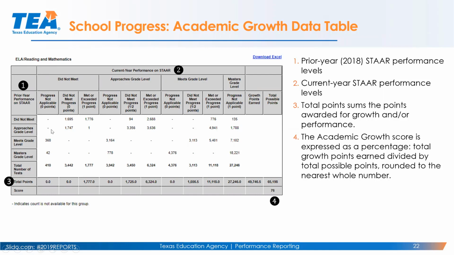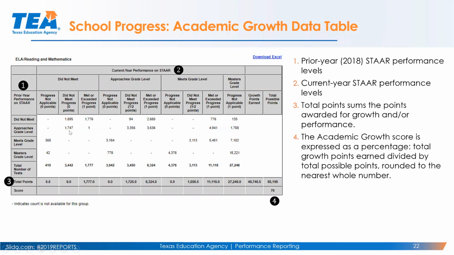And if I go to the column for did not meet in the current year, I had 1,747 assessments that went from approaches last year to did not meet this year. Because they went from approaches to did not meet, or there was regression, the students did not meet their STAR progress measure.